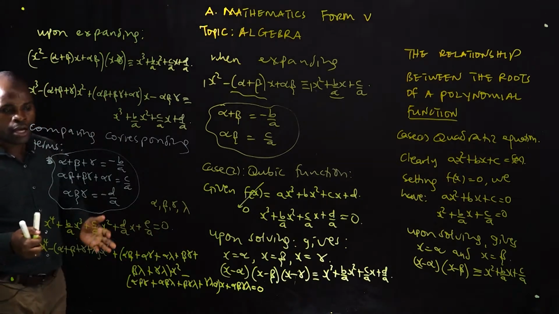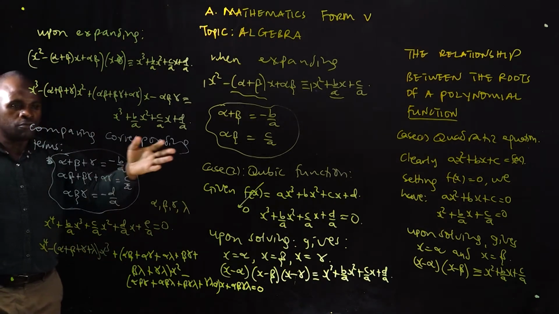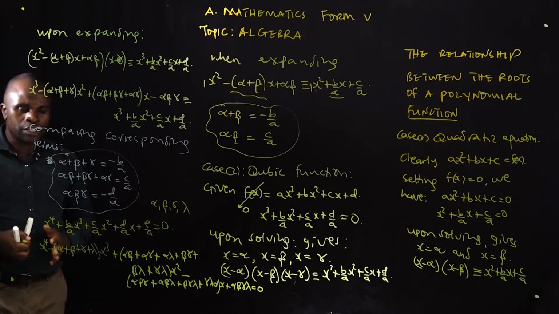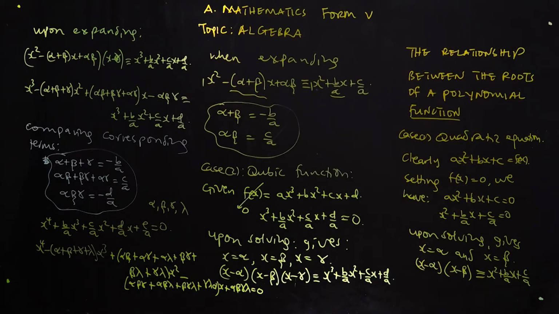We are now going to check how we can apply the trick of these sums of the roots to treat our questions. Let's go. So student, with the formulas we have seen about the relationship between the roots of the polynomial function, that is for quadratic and cubic functions, and how one could use symmetrical, or cyclic, arrangement when you have more than 3 roots.